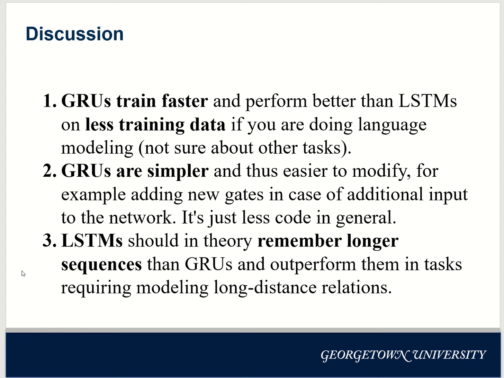GRUs are simpler and thus easier to modify. For example, adding new gates in case of additional input to the network takes less code in general. It's just easier. LSTMs should in theory remember longer sequences than GRUs and outperform them in tasks requiring modeling long-distance relations. That's why when we add more parameters and have more flexibility, LSTM outperforms GRU in the second stage.